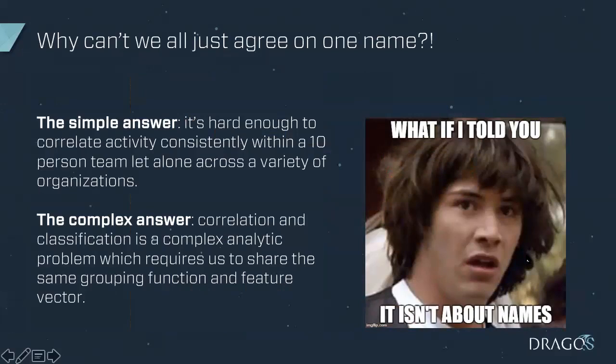So what if I told you that these are not about names? What I've led you up to here is really the idea that this is fundamentally about correlating activity consistently. And I like to say it's hard enough to correlate activity within a 10-person team, let alone across a variety of organizations.